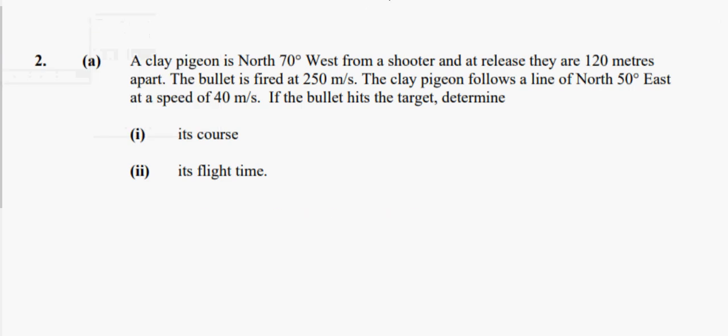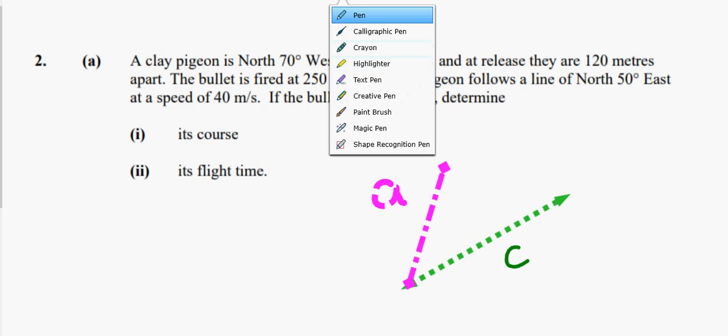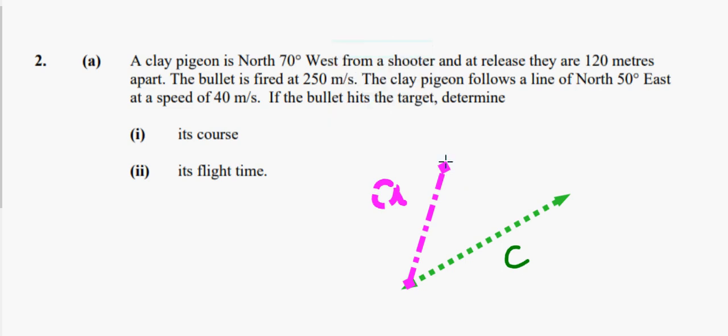Lads, first thing we're going to start off is the triangle law. This is factor C. This is factor A. For argument's sake, A. And then this one here is factor B. Alright?